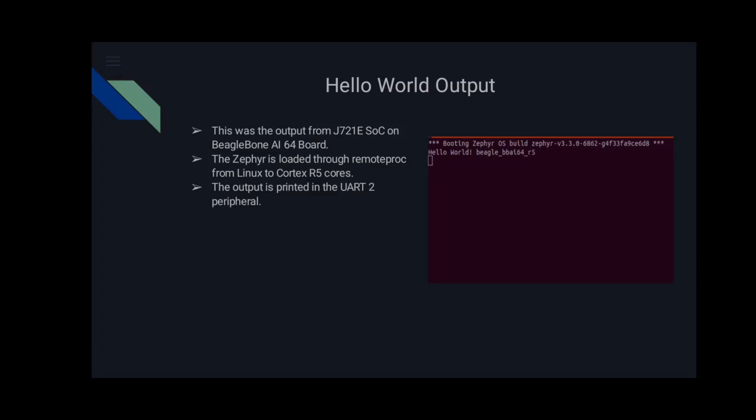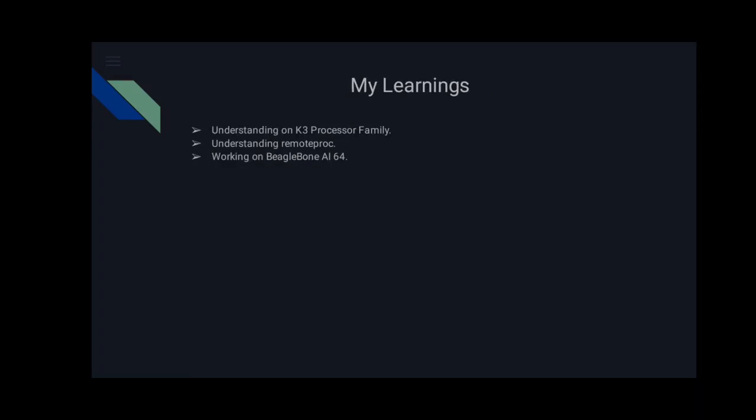In this slide I added my learnings from this Google Summer of Code. This project has helped me understand the overview of the K3 processor family. I also learned the basics of the remoteproc protocol, which is used to flash an image to a different processor.